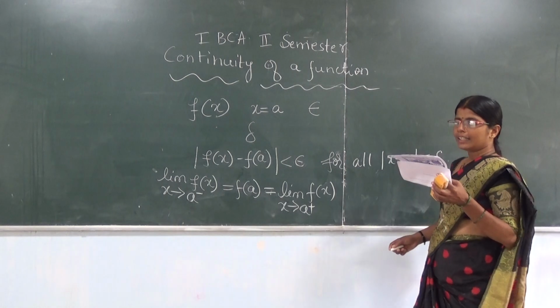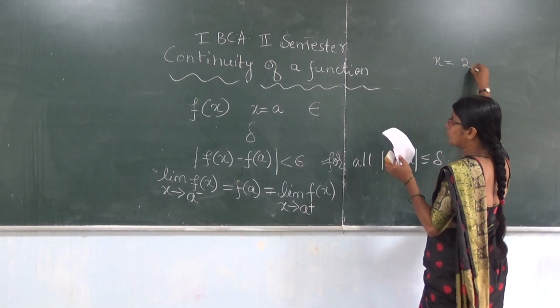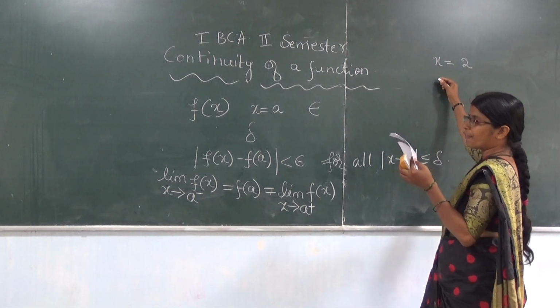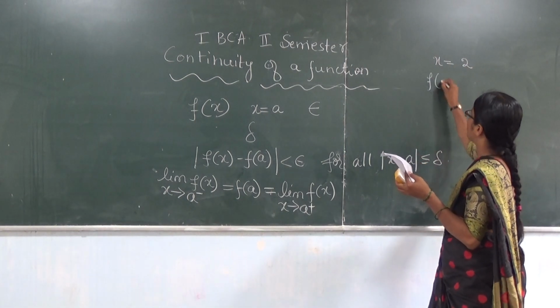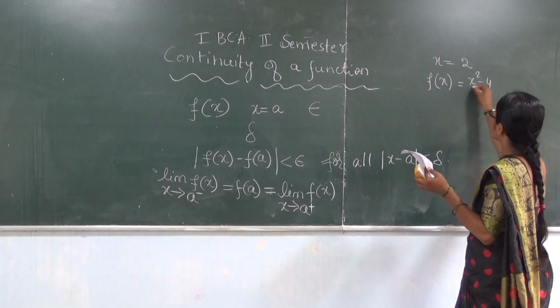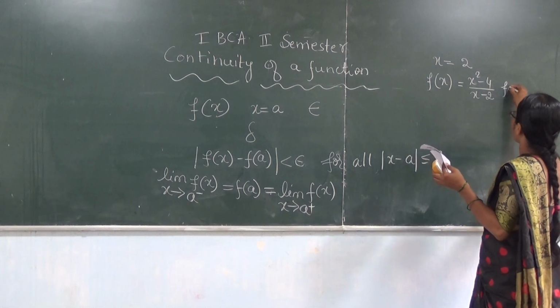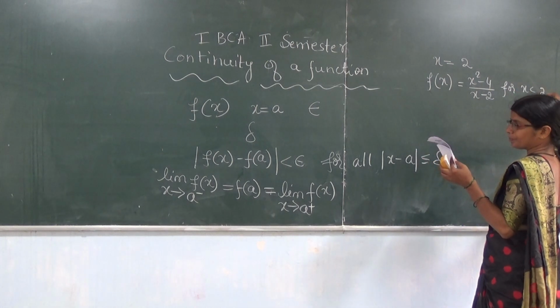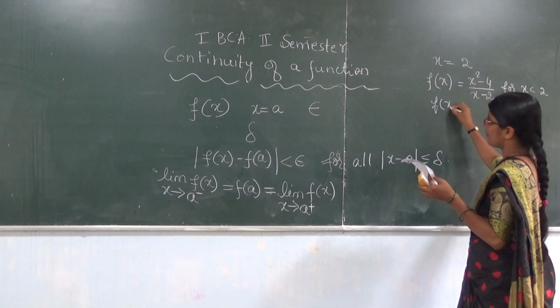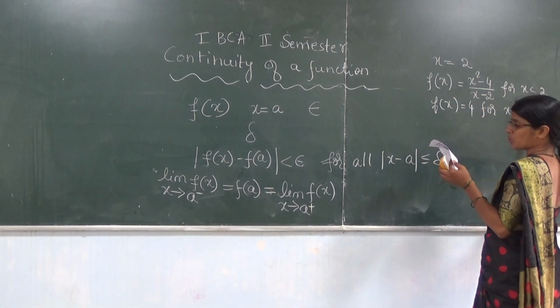So first one, discuss the continuity at x is equal to 2 where the function is defined as follows. F of x is equal to x square minus 4 divided by x minus 2 for x less than 2. F of x is equal to 4 for x is equal to 2.